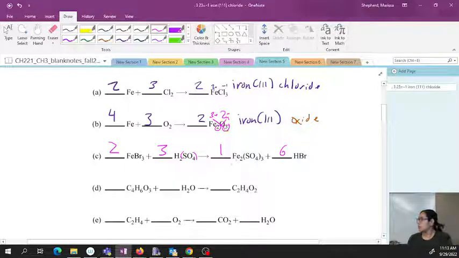Is that what everybody got? I see some nods. This looks good. Let's name what we have. Can we name this one? Iron 3 bromide, excellent.